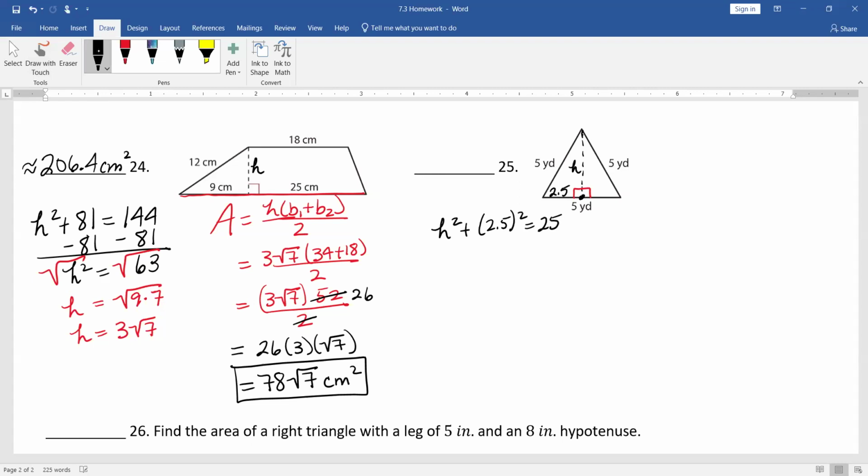So again, 2.5 squared is like 25 times 25, but you have to move the decimal two places. I think that's 675.